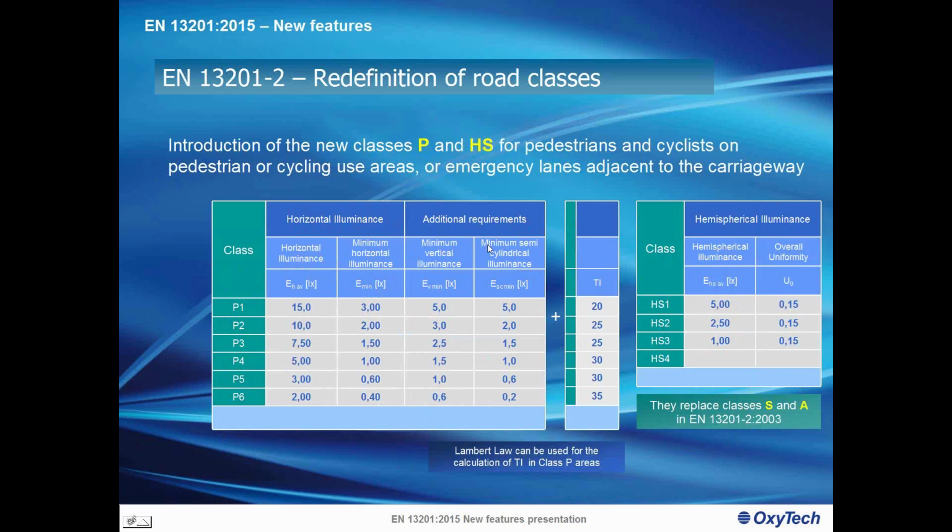The values are in practice kept the same like before, but also here we have the introduction of the calculation of the TI, the disability glare parameter, which was not available before. Also for the hemispherical illuminance, so the HS classes, we still have the same values.